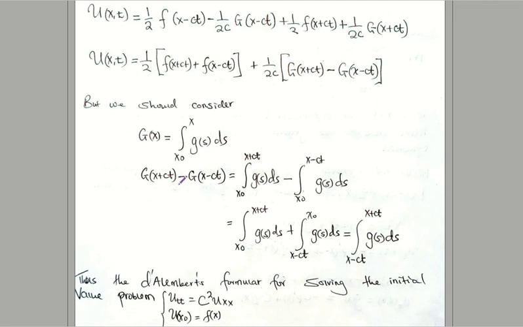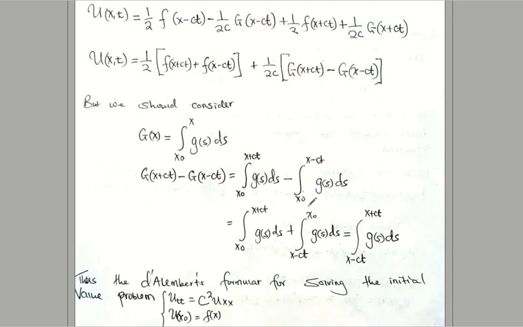Now G(x plus ct) minus G(x minus ct) will be the integral from x naught to x plus ct of g(s) ds minus the integral from x naught, this initial position, up to x minus ct of g(s) ds.